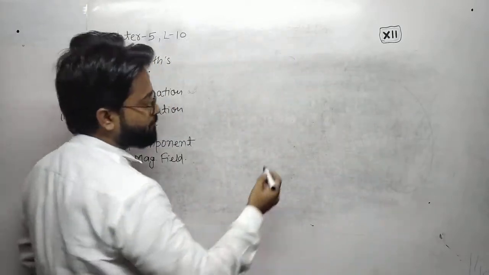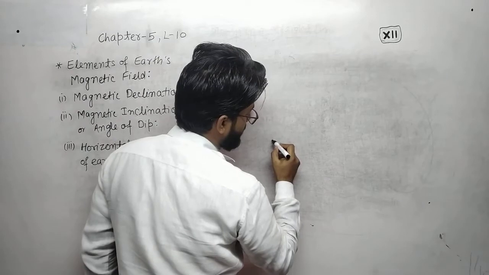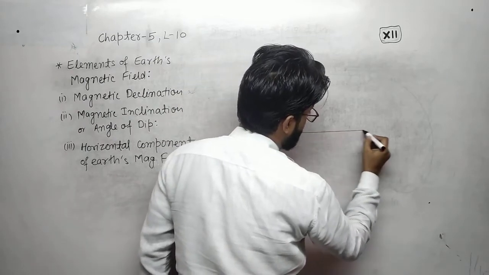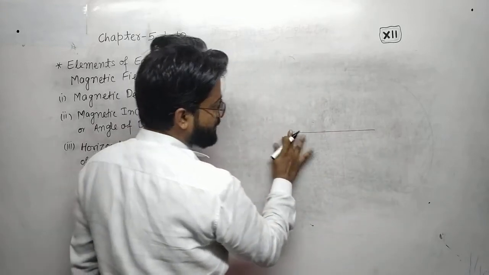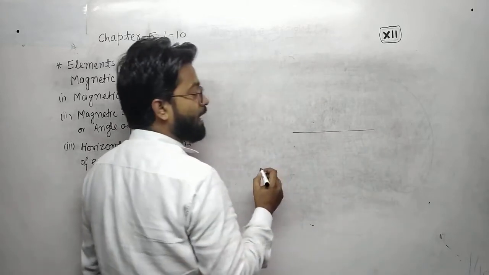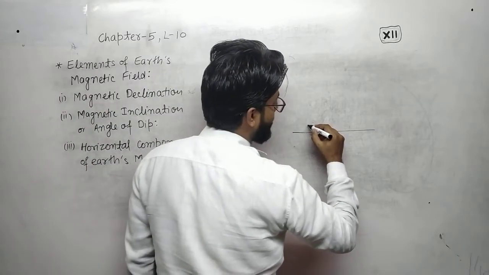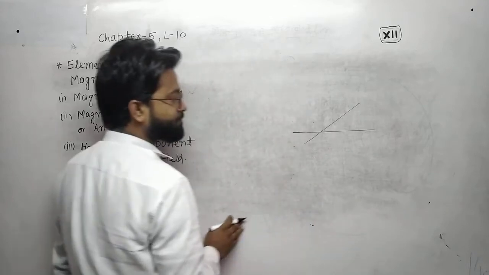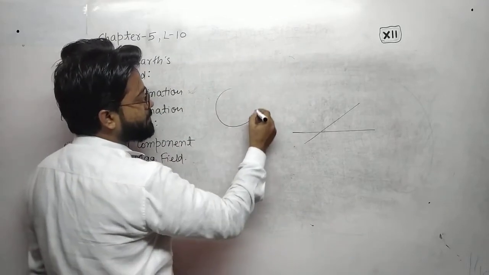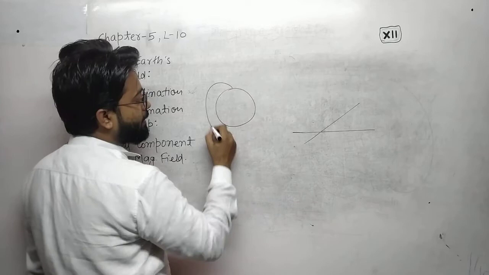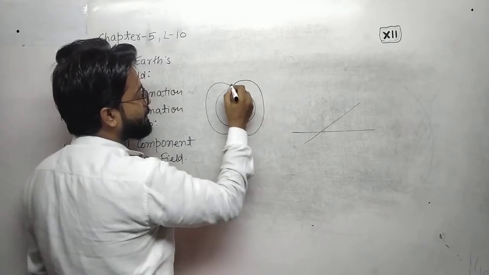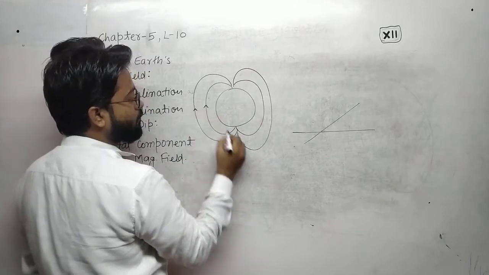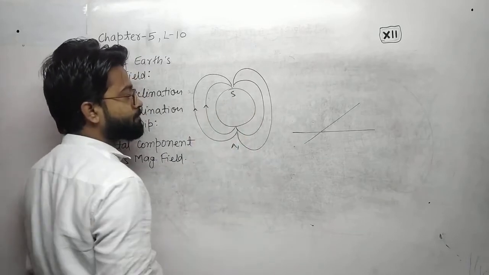Let us suppose this is the Earth's surface, and the Earth's magnetic field is like that, from north to south.